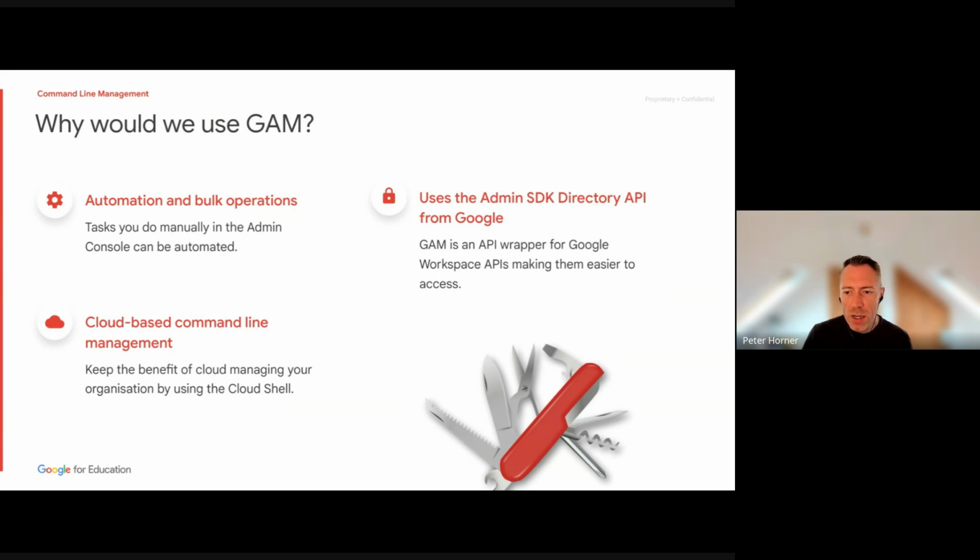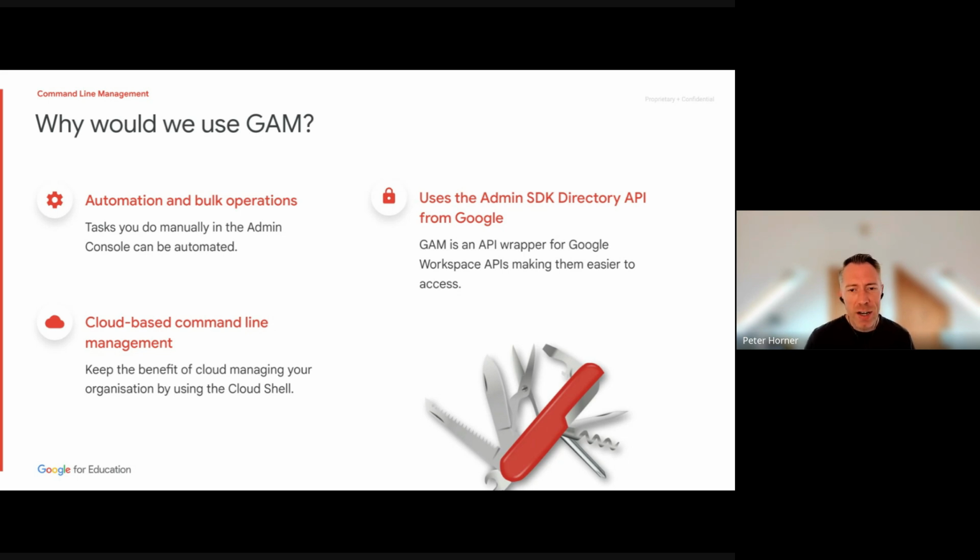So why do schools love GAM? Well, you can automate bulk operations. So very useful for bulk creating users, updating users, groups, getting classroom information, and so on. Things which can be hard to find in the admin console as well. As I mentioned earlier, GAM is essentially a wrapper for Google's APIs.